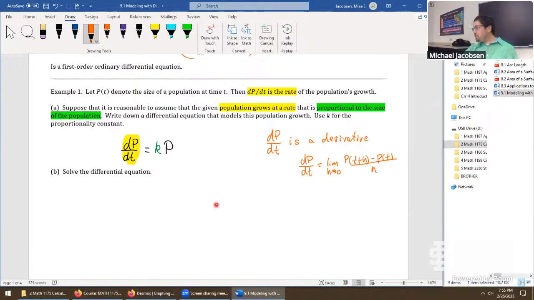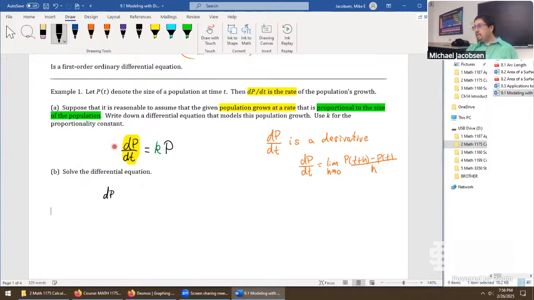So that's just the definition of the derivative anytime dP/dt comes up. Well, that limit definition is actually not what we want to work with if we're going to solve this. We want a literal differential. It makes sense, right? If we're in differential equations, we want the differential to help assist us in solving the differential equation. And so here's what we do next.